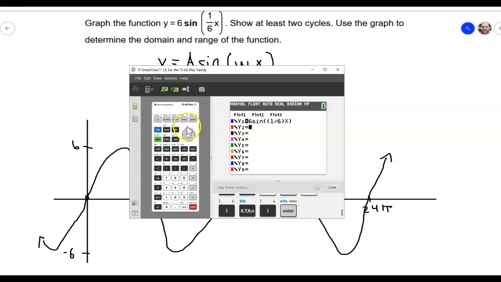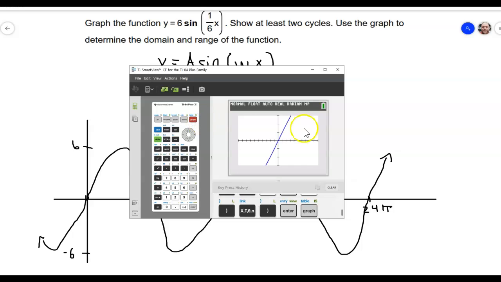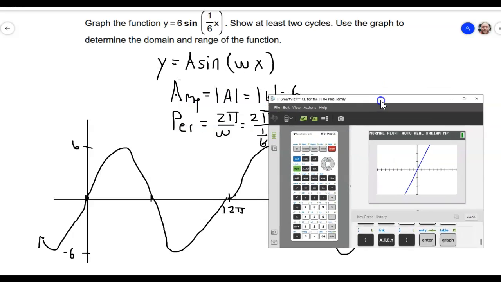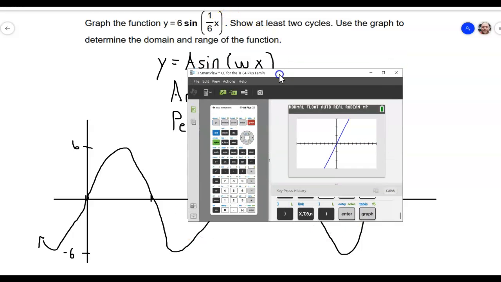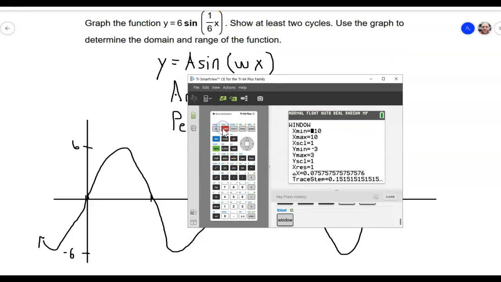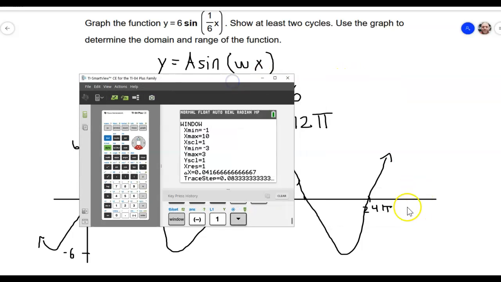If I graph it, it probably won't show the whole thing, so I want to set my window to get this whole graph in it. I can do that manually. I'm going to go to window. For my x, I'm going to start just a little to the left of 0, so let's start at -1. And to the right, I want to go just a little past 24 pi.